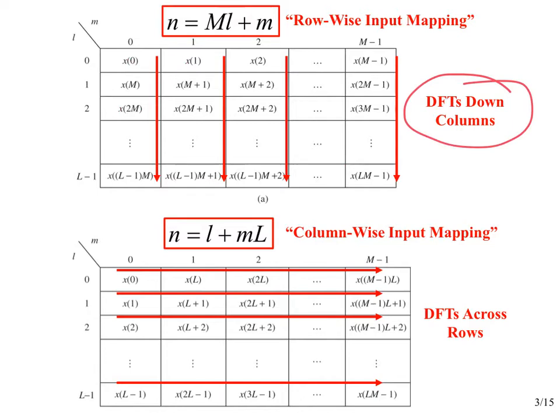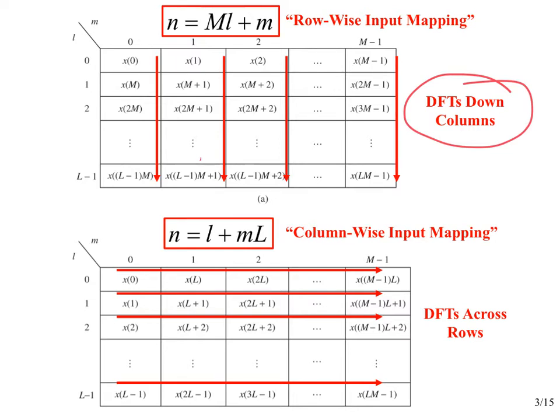And then we would have all the even ones in this one. We're thinking of m equal to 2 in this case. We have all the even indexed ones here. We have all the odd indexed ones here. And we took a DFT of the even ones, and we took a DFT of the odd ones. So what we're seeing here is very, very similar.